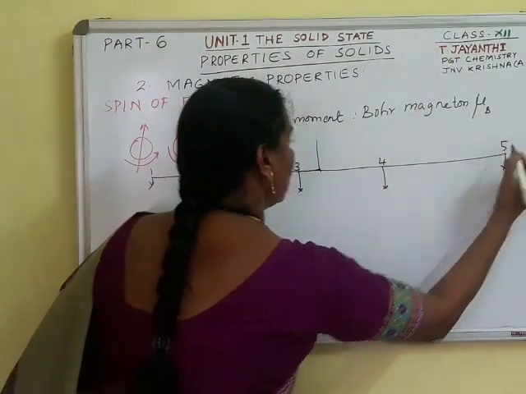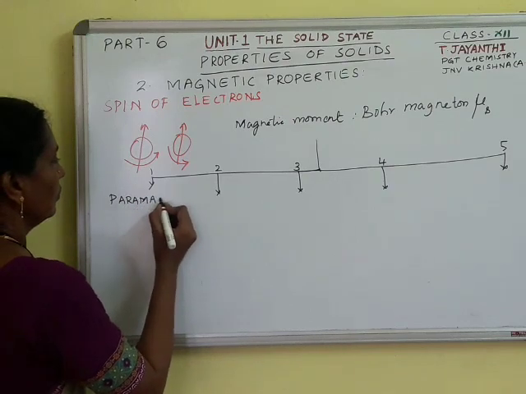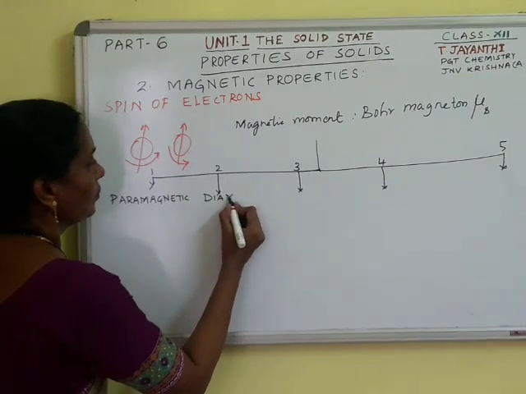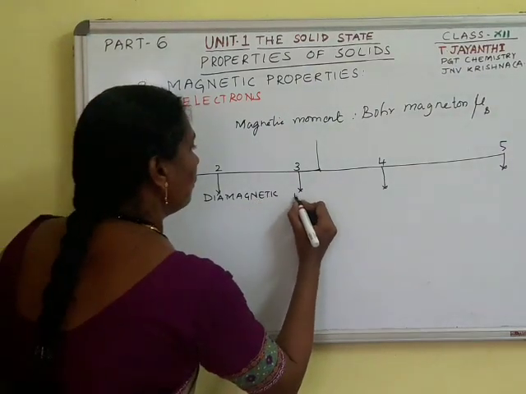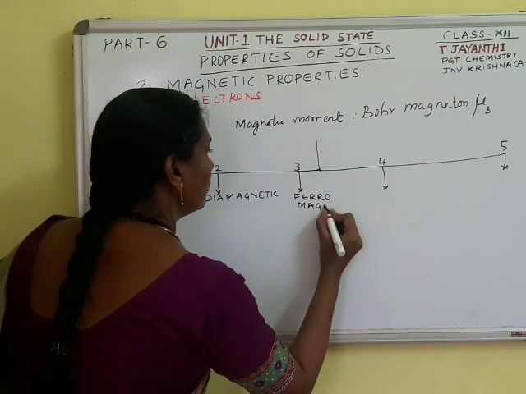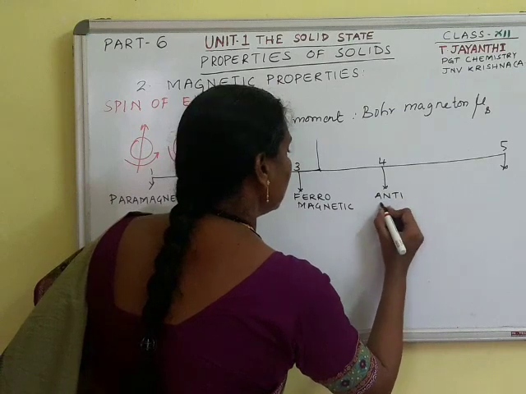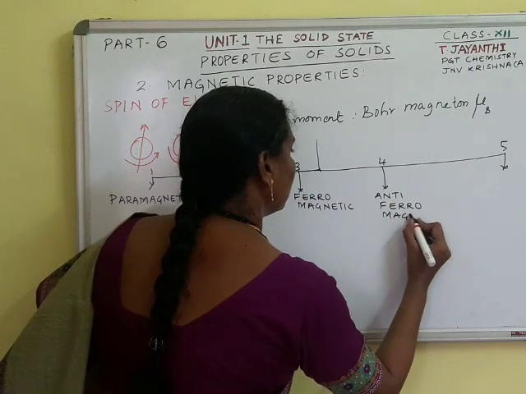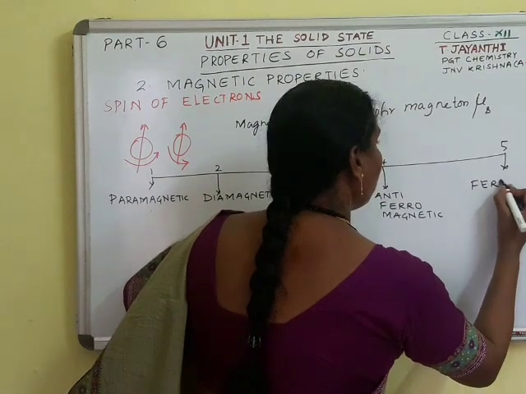as paramagnetic substances, diamagnetic, ferromagnetic, antiferromagnetic, and ferrimagnetic.